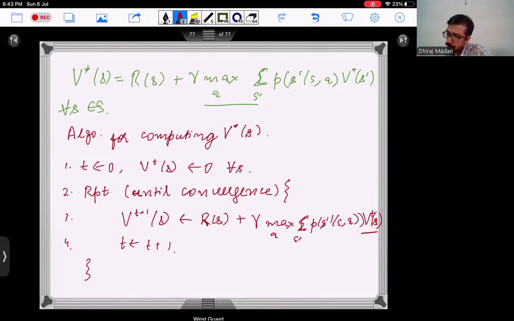Essentially, from here we get an approximate solution. Although we are saying repeat until convergence, this convergence is usually approximate in the sense that whenever the change in the value function of all the states is less than some precision epsilon, we say we have converged. So this convergence is usually approximate, and this gives us an approximate solution to Bellman's equations.